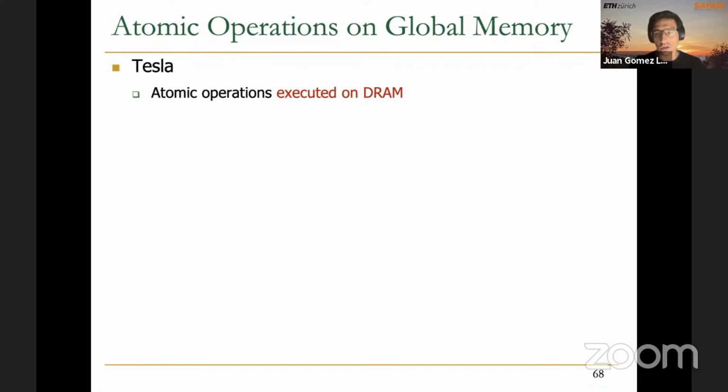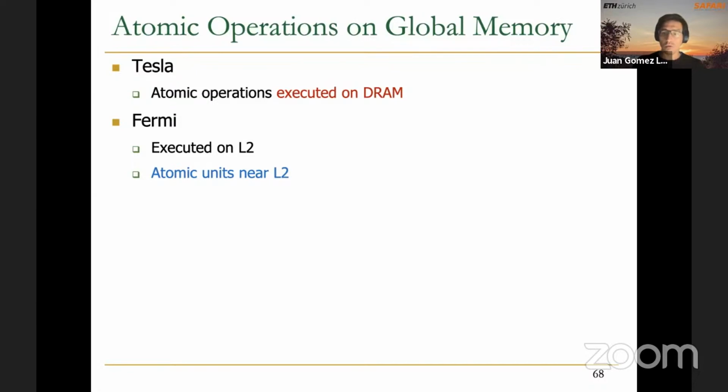This was very costly in terms of cycles, so that's why the Fermi architecture, by incorporating the L2, was able to accelerate the atomic operations in global memory a lot, also because it incorporates some atomic units near L2 in a similar way as what we have just seen for the LDS memory in AMD architectures.